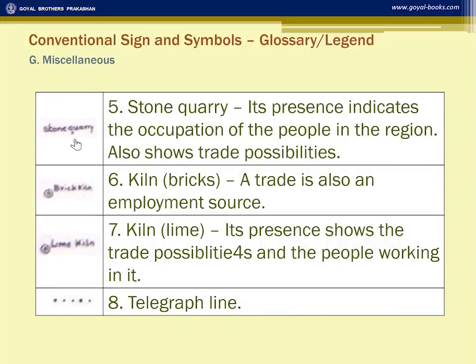On the survey sheet, if you see a stone quarry, brick kiln, or lime kiln, you can infer the occupation by saying that people are working in a stone quarry, brick kiln, or lime kiln. The telegraph line is generally shown with a square and a dot.